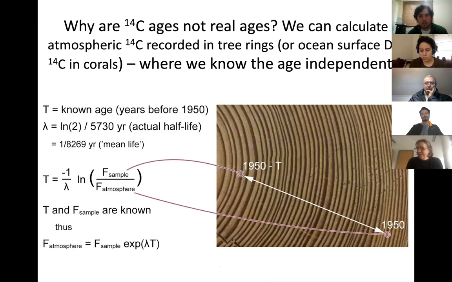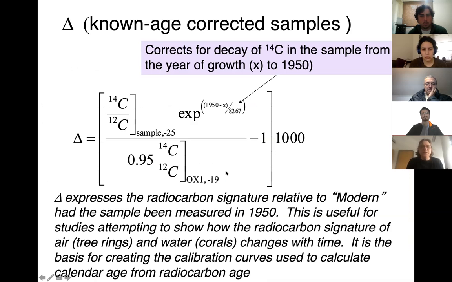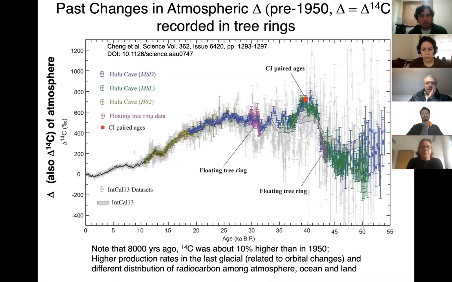So I don't really have time to go through this, but people have used the fact that you can have reservoirs where we know the age of something, then we can measure the radiocarbon change and reconstruct back in time what the carbon-14 of the atmosphere was.